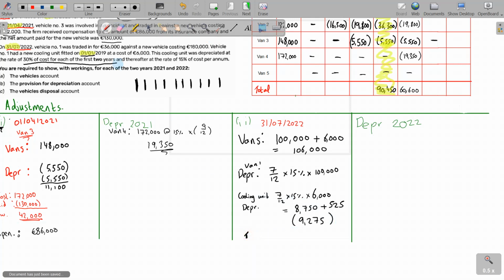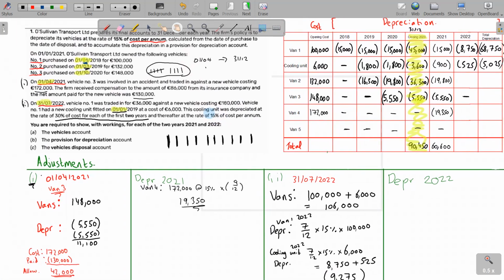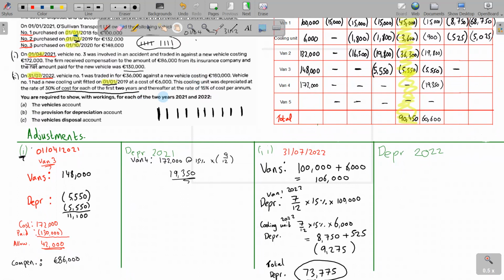So total depreciation, this is only for 2022, the depreciation, but this is total depreciation. So 73,775 is going to be going into a disposal. Okay. Then let's look at our allowance and anything else.